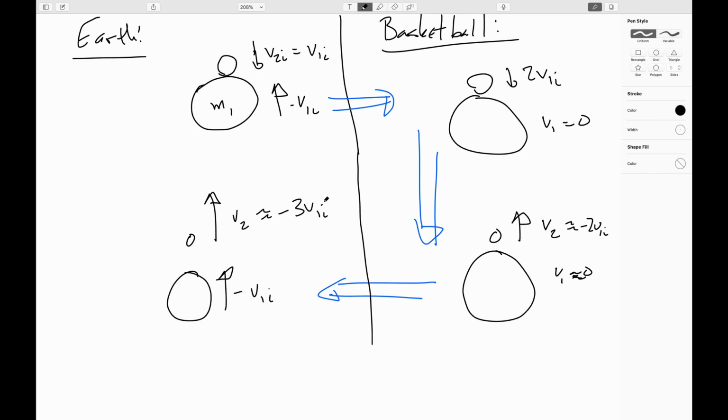A little under, because the Earth will carry an almost negligible amount of speed away. The basketball will recoil a little bit, so it won't be as good as 3. Maybe it's 2.9 or something like that. But if we just use 3 for nice round numbers here, the kinetic energy of the super ball is now not 3 times, but since it's 1/2 mv squared, it's 9 times what it was just before it hit the surface of the Earth.